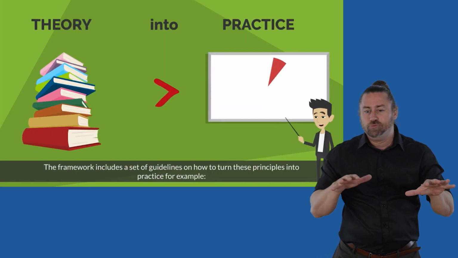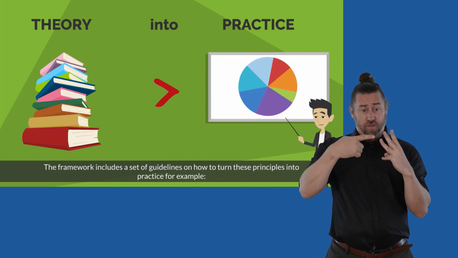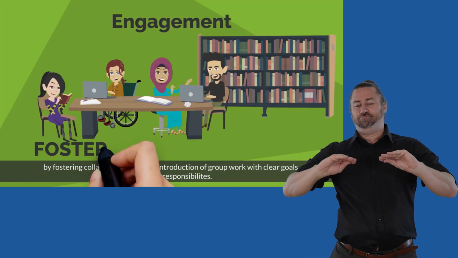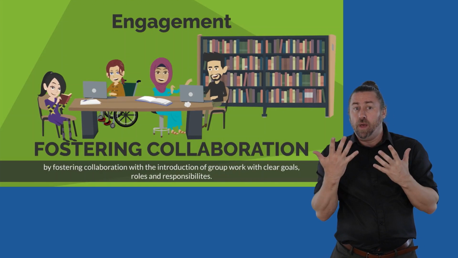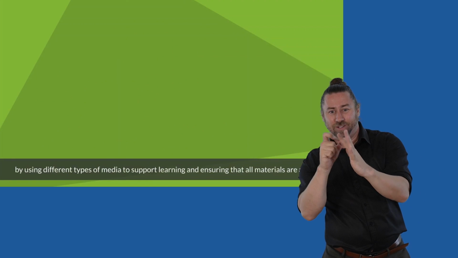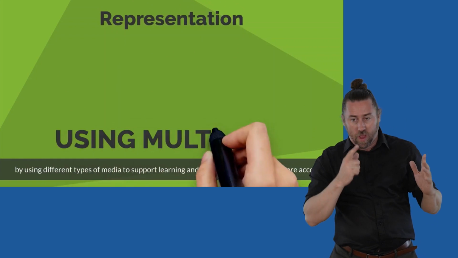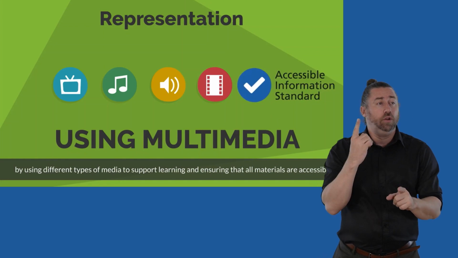The framework includes a set of guidelines on how to turn these principles into practice. For example, by fostering collaboration with the introduction of group work with clear goals, roles, and responsibilities. By using different types of media to support learning and ensuring that all materials are accessible.